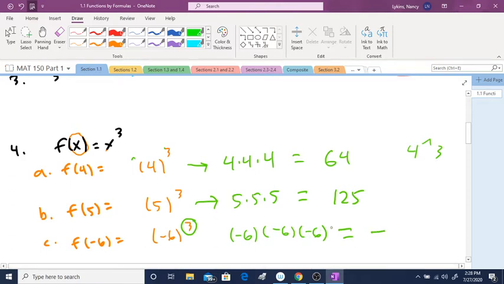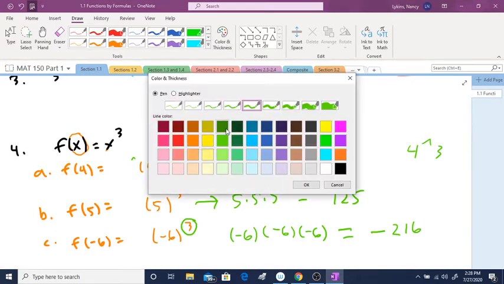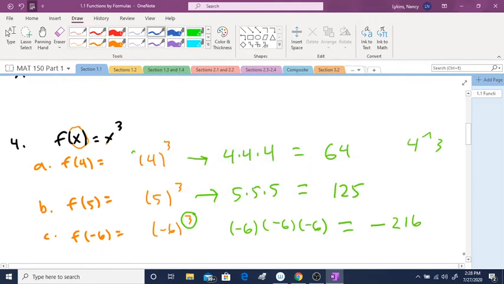So you'd say 6 times 6 times 6, which comes out to negative 216. For calculator purposes, especially when you have a negative with an exponent, put in negative 6 in parentheses, raised to the third power. Whether the exponent is odd or even, if you're dealing with negative numbers, always put it in parentheses.